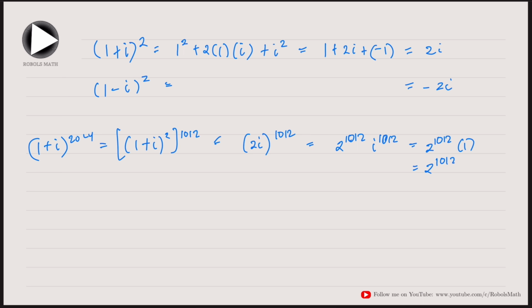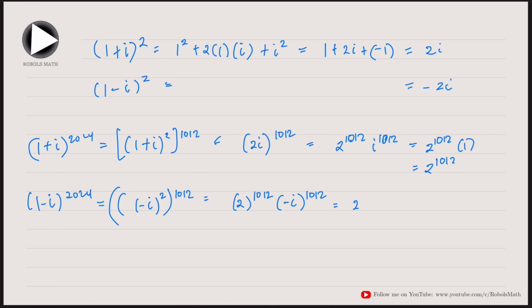Okay, we do the same with 1 minus i. This is equal to ((1 minus i) squared) to the 1012, and eventually we'll get 2 to the 1012 times (negative i) to the 1012. You can write it further as (negative 1) to the 1012 times i to the 1012.